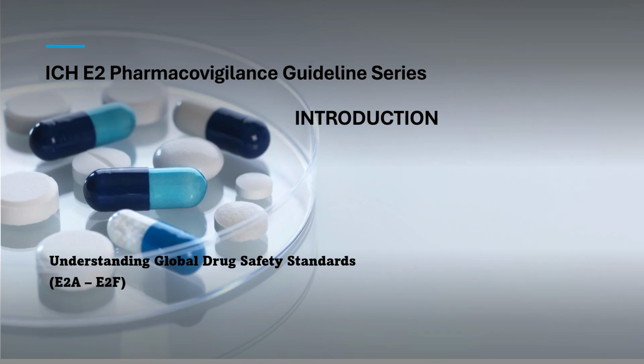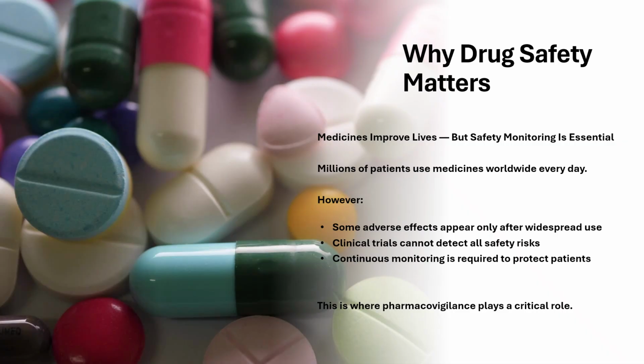For example, the coming video after this introductory video would be about E2A guideline, and it depends on how long that guideline is. But I'll be going through the major topics or the major insights of what that guideline actually contains. So let's begin with the introduction.